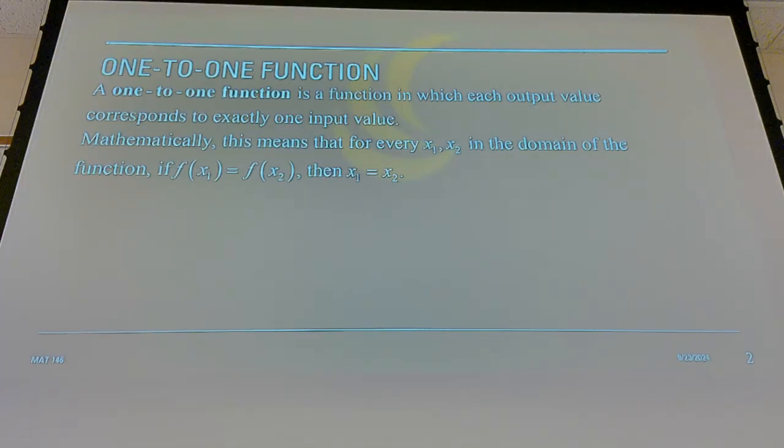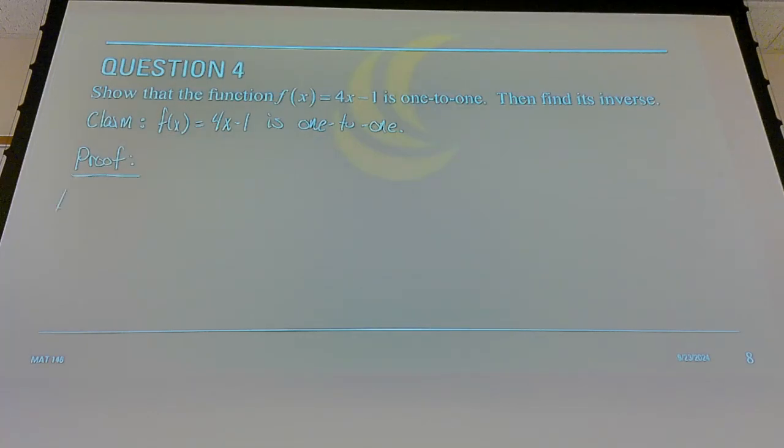If f of x1 equals f of x2 for all x1 and x2 in our domain, then that would automatically mean x1 equals x2. That's where we have to start. What's the domain of f?